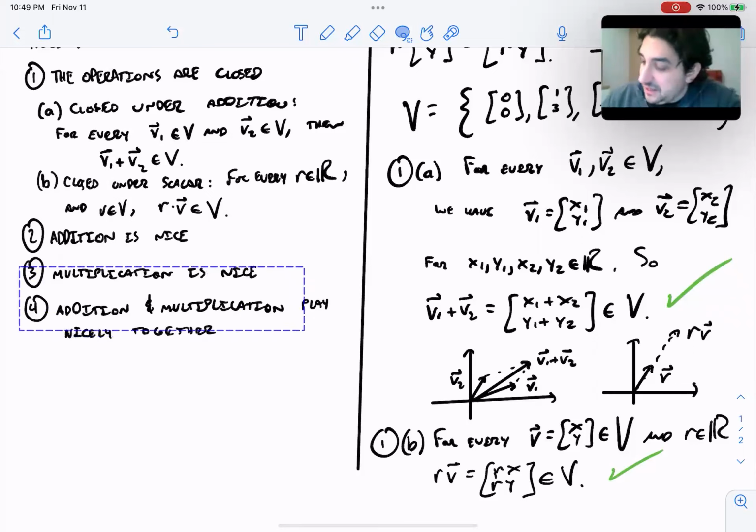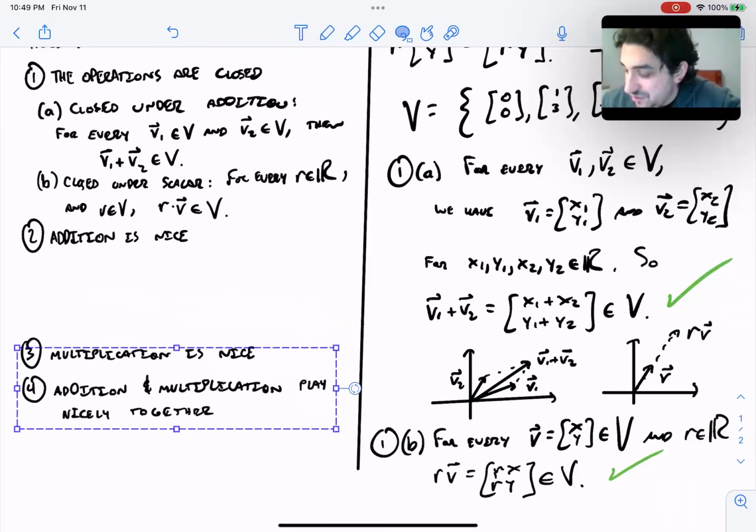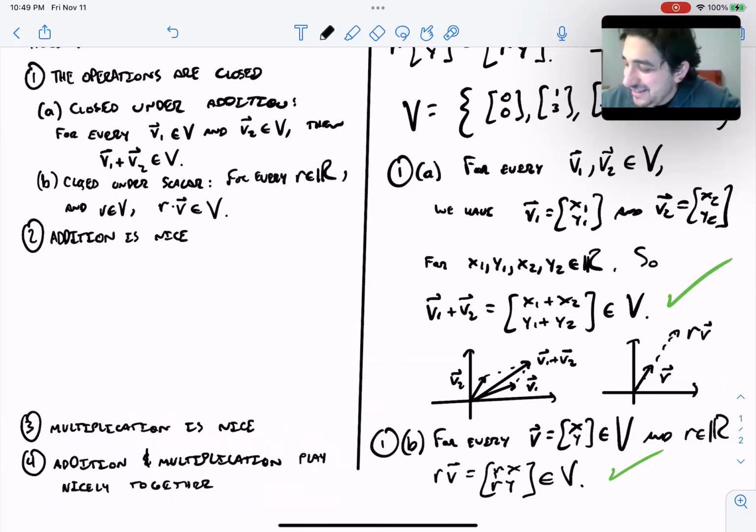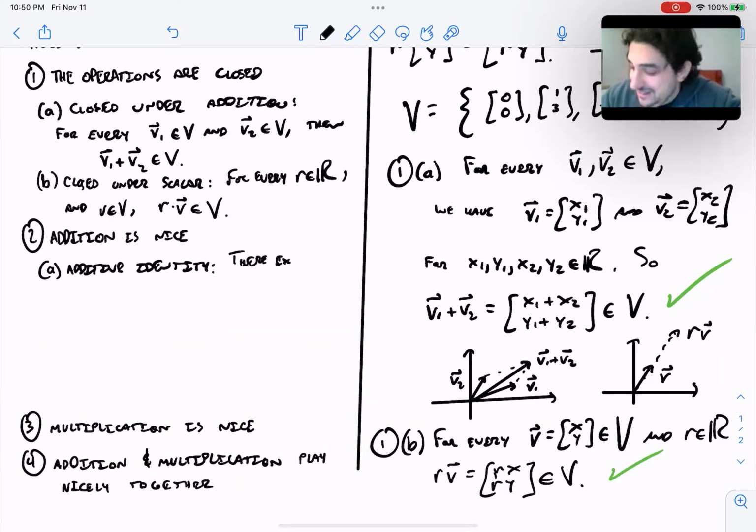So let's now look at 2. 2 says that addition must be nice. All right, what does it mean for addition to be nice? It means there needs to be an additive identity. So what is an additive identity? It means that there exists a special vector called the additive identity.